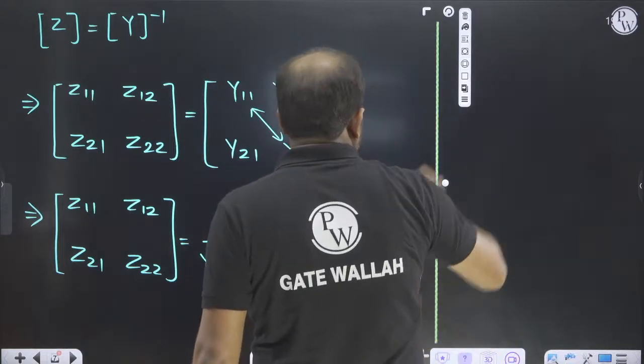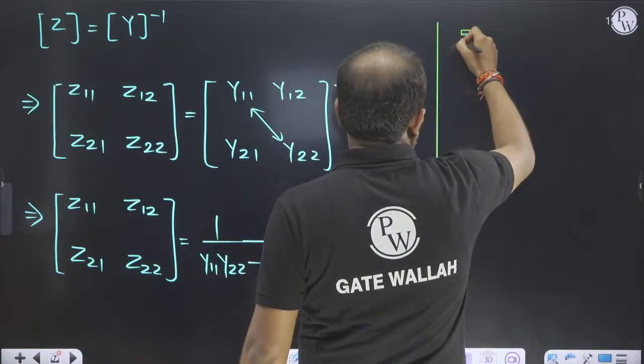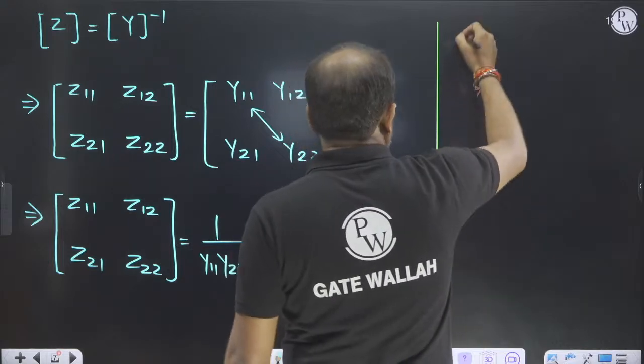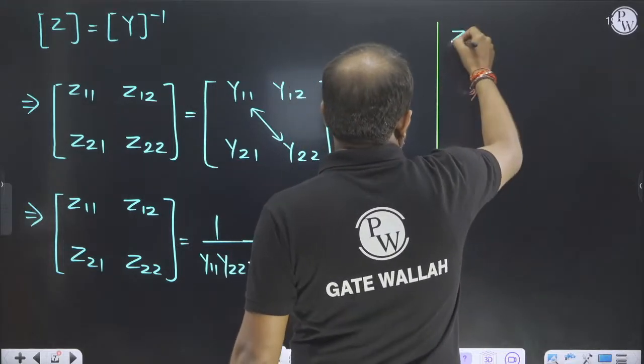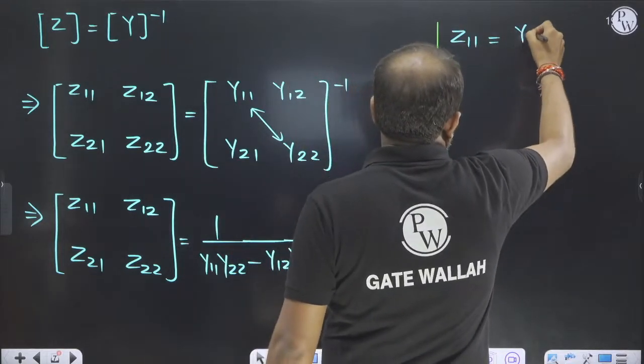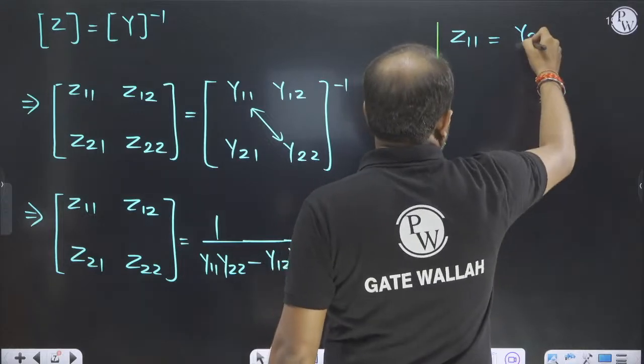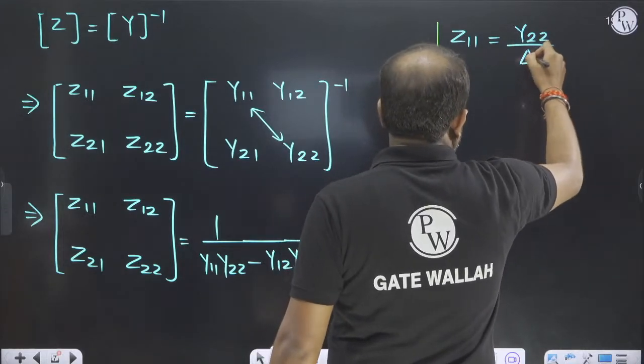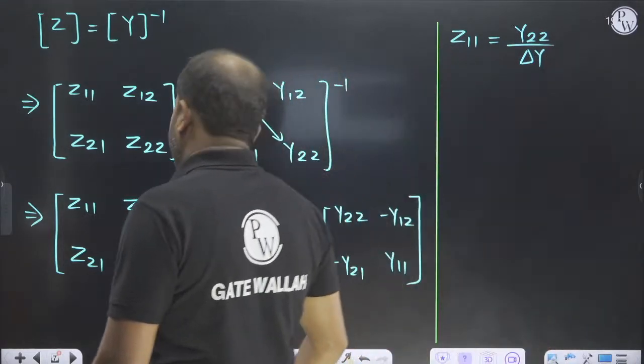The Z parameter will be Z11 equals Y22 upon delta Y. Why is it written as delta Y?